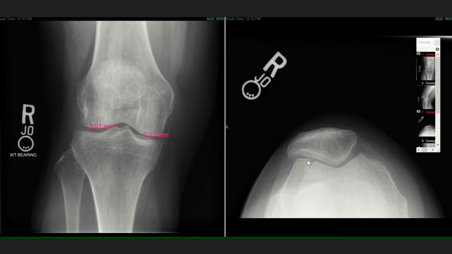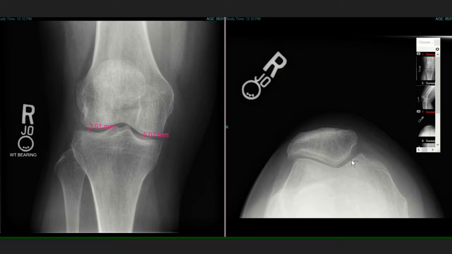For the patellofemoral articulation, again, find a measurable interval on the trochlear groove here.